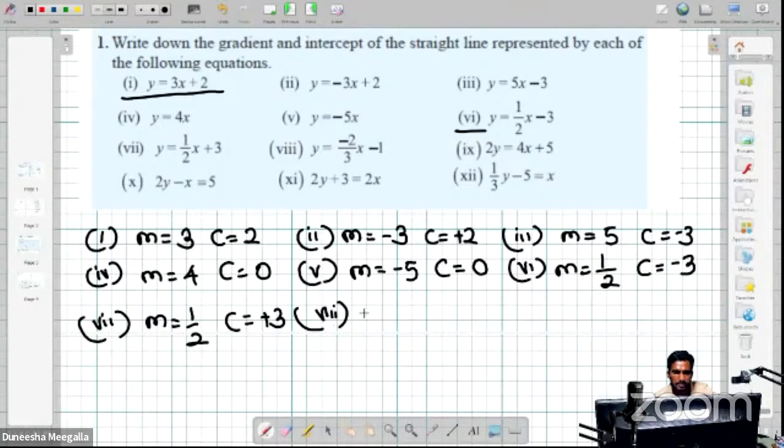The gradient is -2/3 and the intercept c is -1.